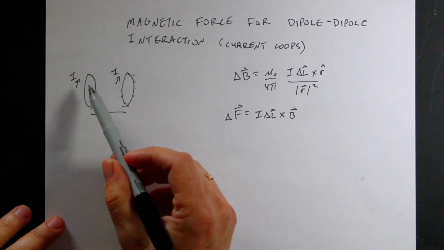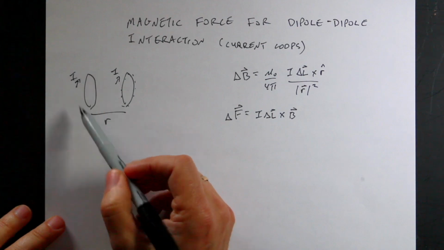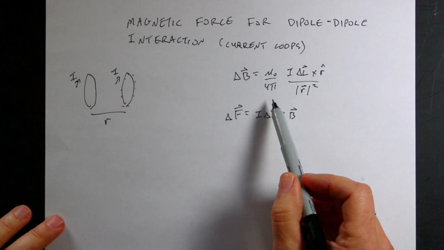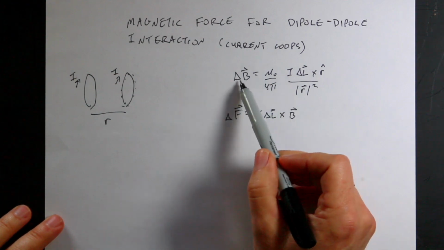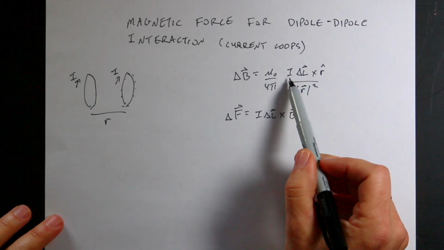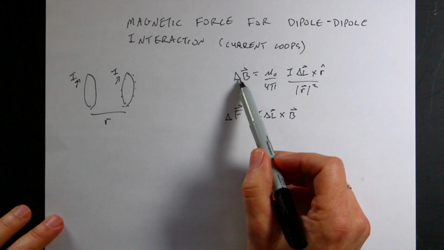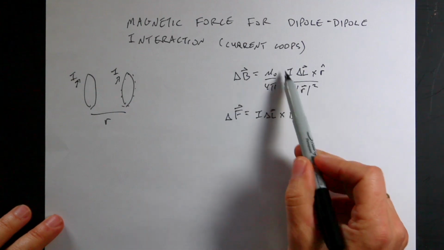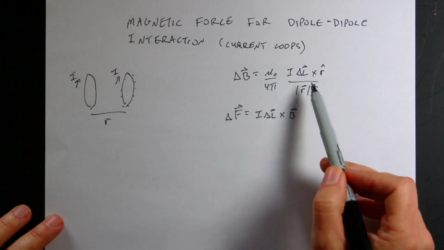Okay, so what we're going to do is to find the magnetic force and the magnetic field due to this loop of wire. We'll use the Biot and Savart law. This says that if I have a short segment of wire, delta L, with a current I, then I can find the magnetic field due to just that short wire. We'll call that delta B. This mu naught over 4 pi is just a magnetic constant.